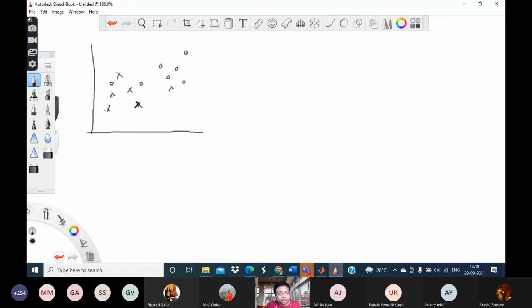What do I mean by almost linearly separable? It means that there does not exist any linear structure which can perfectly separate the two classes. It is not possible to find any linear structure such that all the crosses are on one side and all the circles are on the other side. But what can happen is that, except for the outliers, we can classify all the other points correctly.